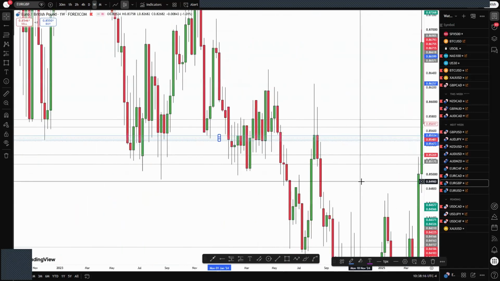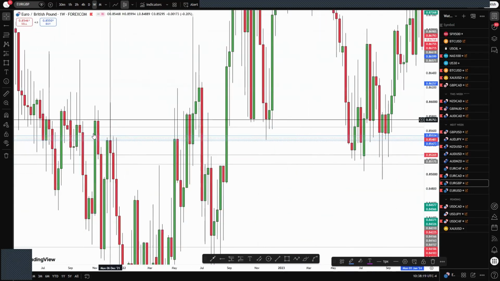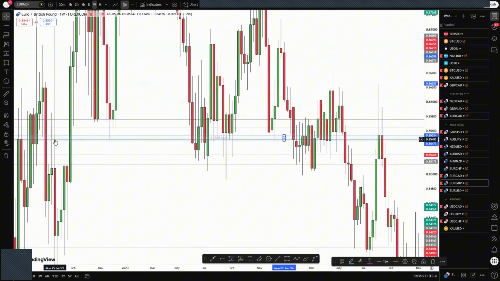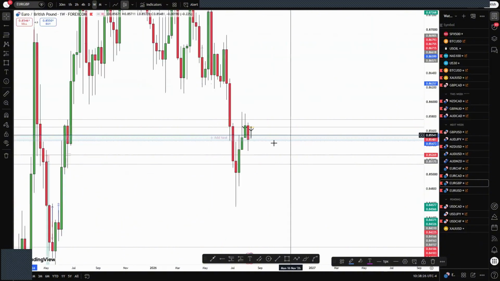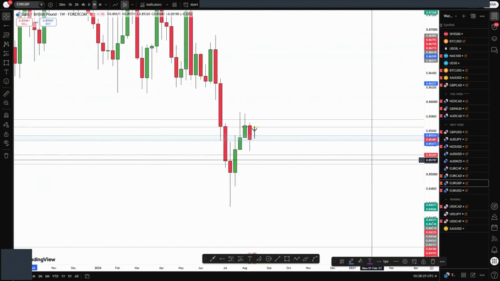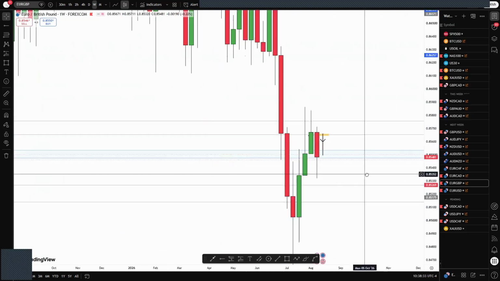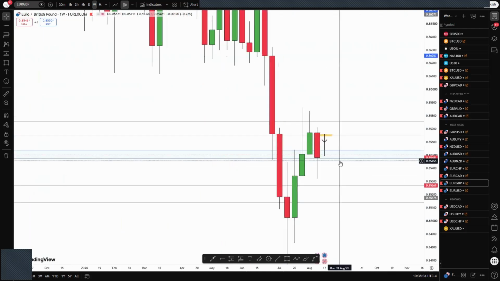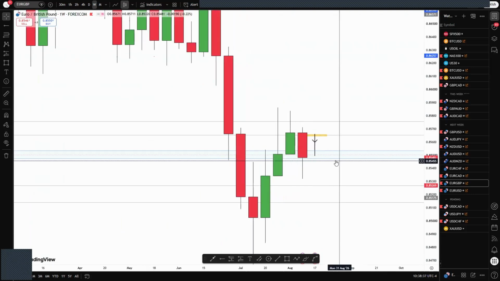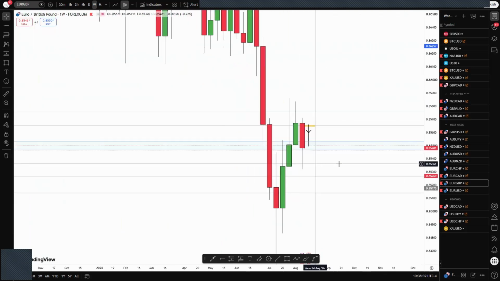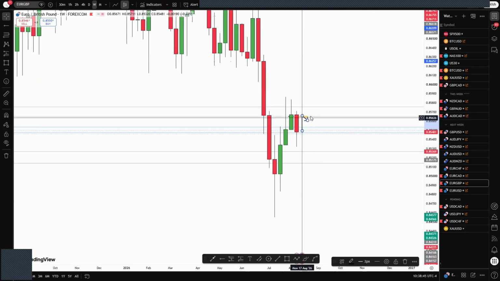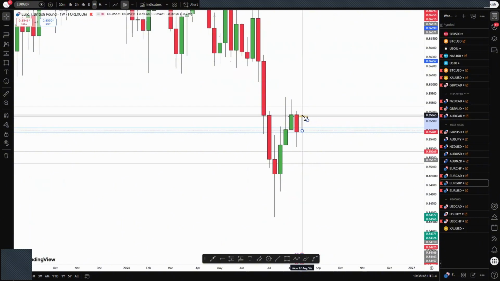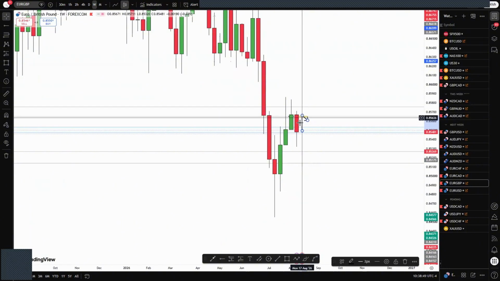So this is an OG level on the weekly time frame. You can see price has been rejecting this point. And since we're at this point, let's see what the price does.